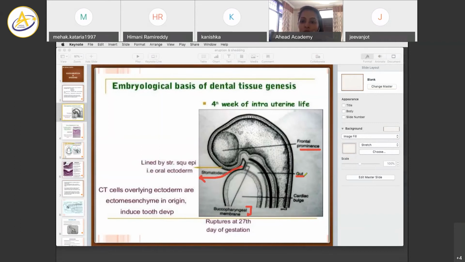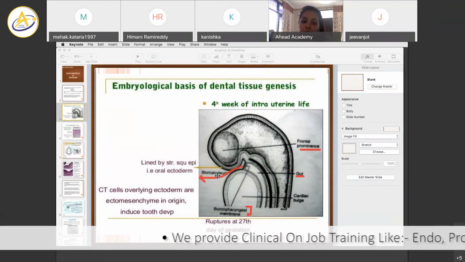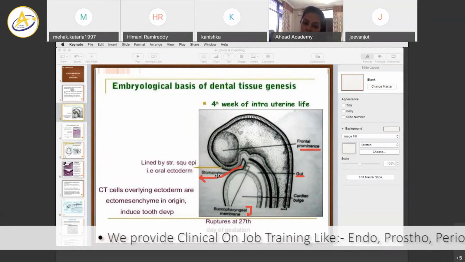At this stage the stomatodeum is lined by a stratified squamous epithelium, which is known as oral ectoderm. The connective tissue cells overlying the ectoderm are ectomesenchymal in origin, and together with the ectoderm they are going to induce tooth development later.